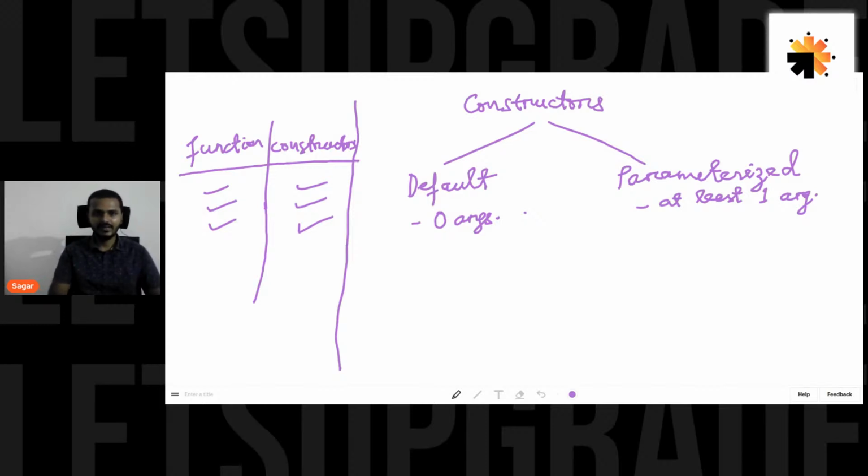Then how will I find the area? Since area is a static variable, I don't need to create an object. I can straight away go for area is equal to square dot length 1 into square dot length 1.